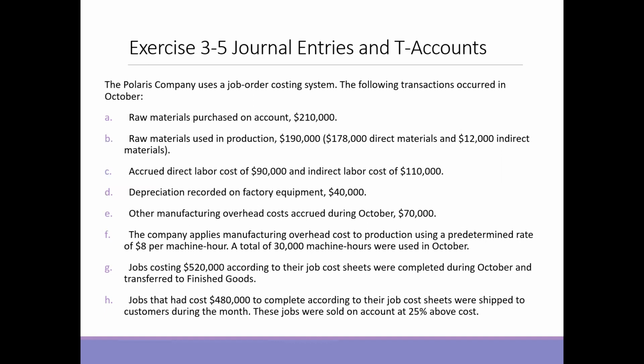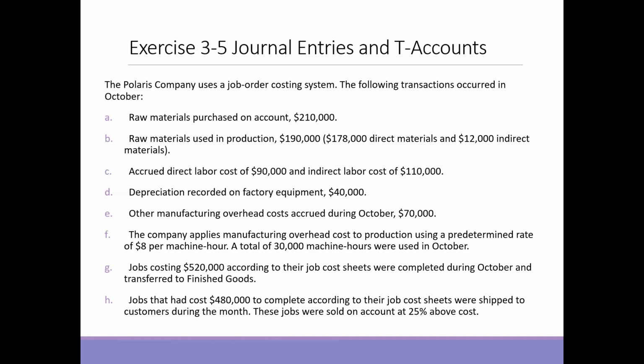Then we've got direct labor that's being accrued of $90,000, which means that's going straight into this particular job. And the indirect labor of $110, where's that going to go, guys, when we have indirect labor of $110? Excellent. Manufacturing overhead.